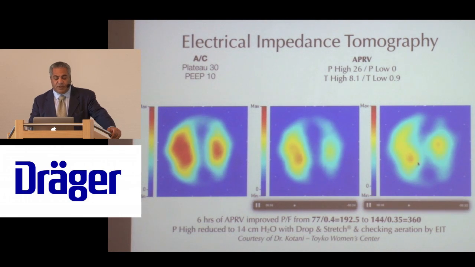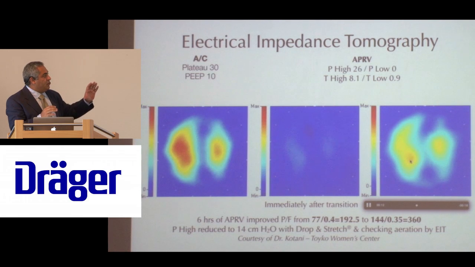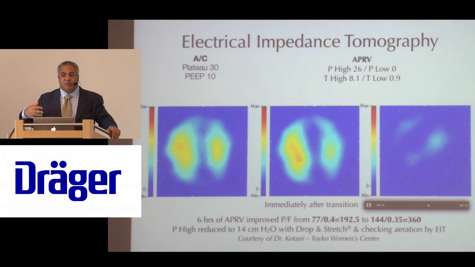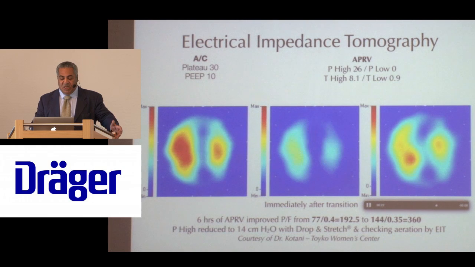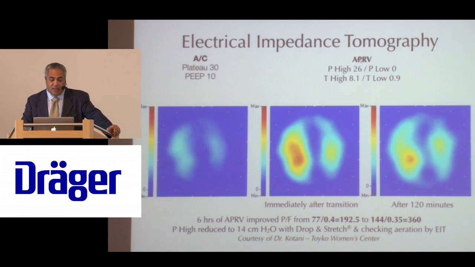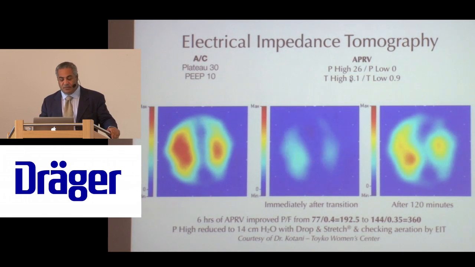And after 120 minutes, you see the very red spot has moved more into the dependent regions, suggesting we're improving the ventilation in those dependent regions. Now, if you look at the airway pressure, P high is 26, which would be equivalent to the plateau pressure here is 30. We use, of course, no PEEP, but we're controlling the time low, and we have a prolonged CPAP phase of 8 seconds.